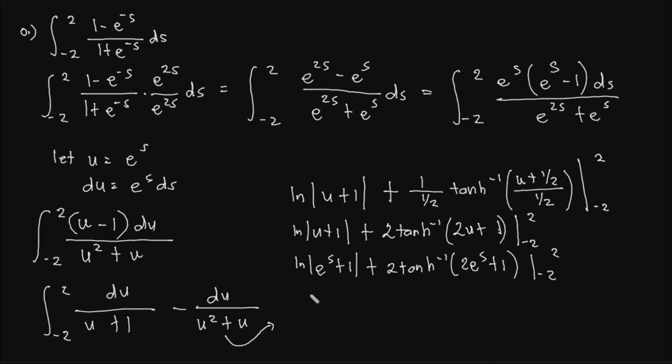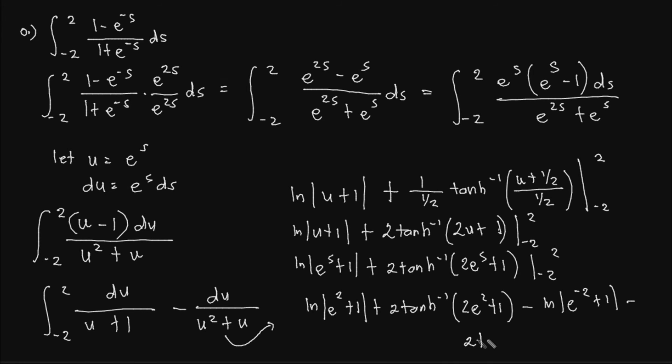So that is ln of e squared plus 1 plus 2 inverse hyperbolic tangent of 2e squared plus 1, and then minus ln of e to the -2 plus 1 minus 2 inverse hyperbolic tangent of 2e raised to -2 plus 1.